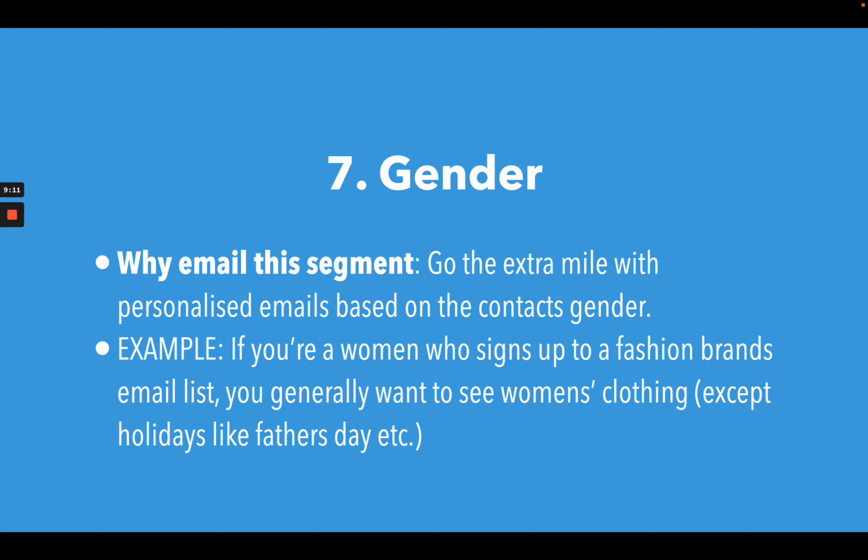So this allows you to essentially email your list based on the gender, and this is useful for certain brands. Some brands it doesn't really matter too much, but as I say here, if you're a woman who signs up to a fashion brand's email list, you generally want to see women's clothing. You're generally not going to want to see the new men's clothes, unless maybe there's Father's Day coming up or something, and then you could buy a gift.